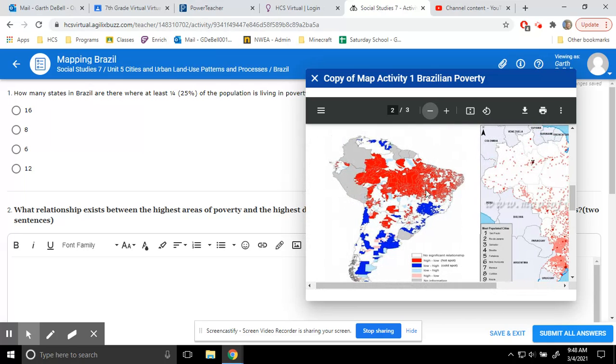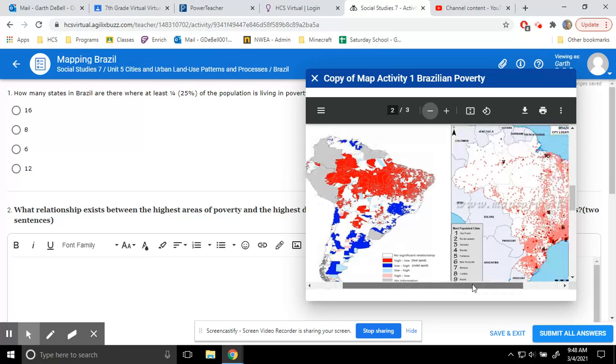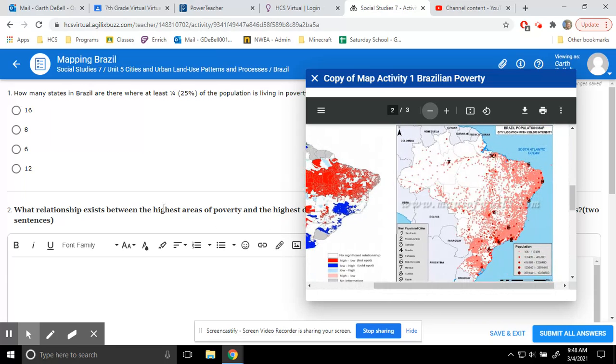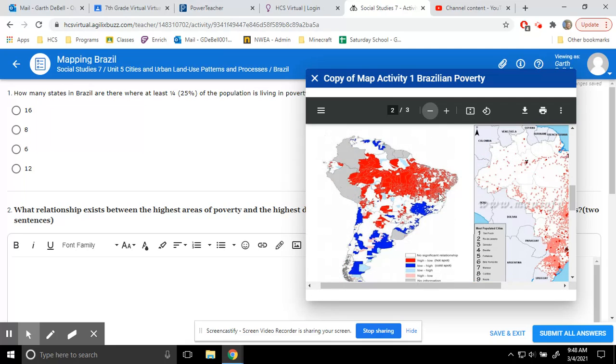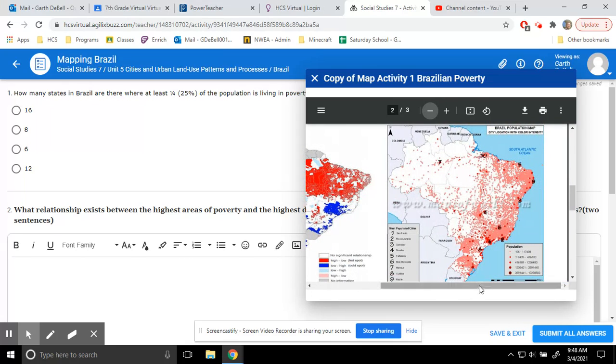So when we look at poverty, this section here is high poverty. There's some spots of high poverty in the middle here, and then along the coast, it looks like there's low poverty. So what they want to know is what relationship exists between where you have the most people and poverty.